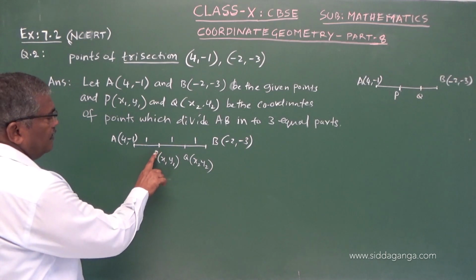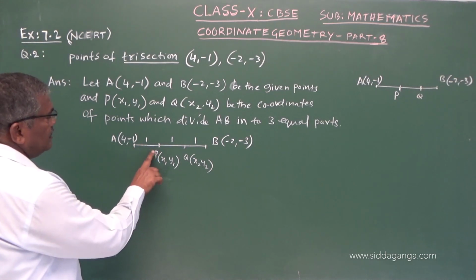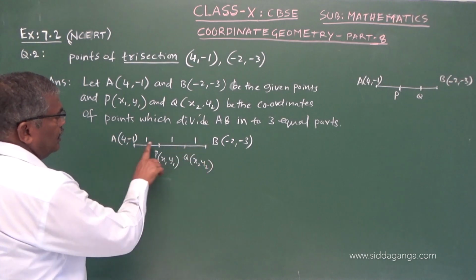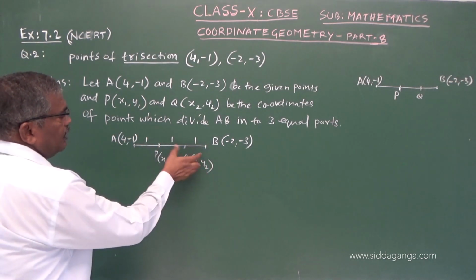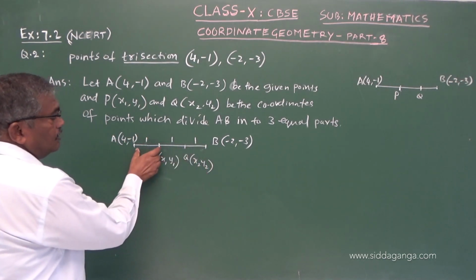To find x1, y1 of P, observe here, P divides AB in the ratio 1:2, because this is 2 portions and this is 1 part.